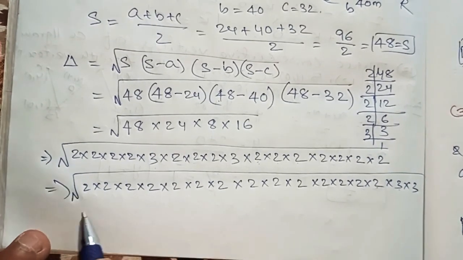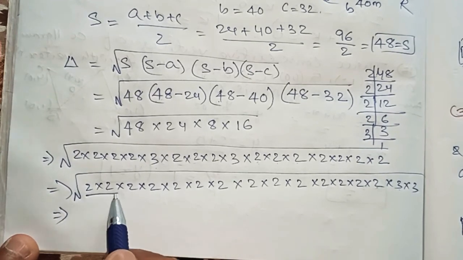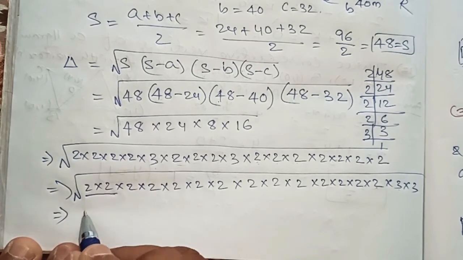Now the important part is to find the pairs of common numbers and write one number outside for each pair.